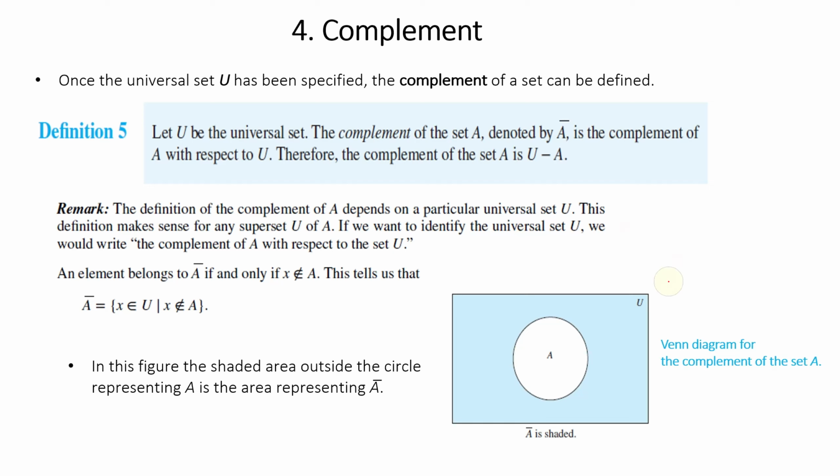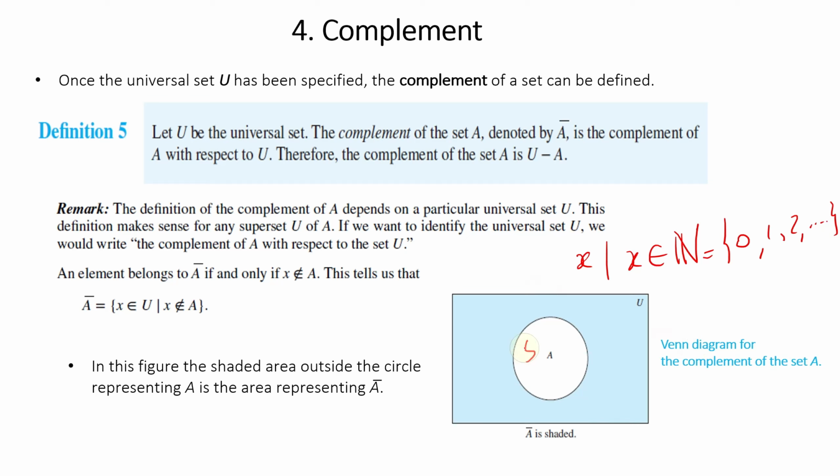Now, for example, if I say that X is a natural number, remember, a natural number means 0, 1, 2, 3, etc. So that means this is going to be all the natural numbers.